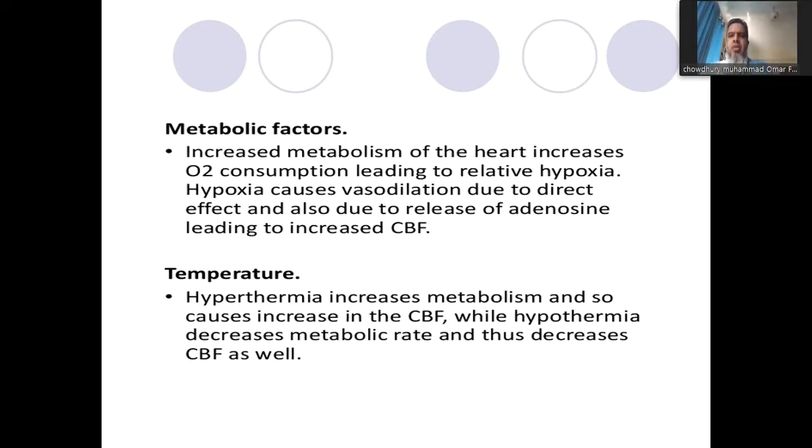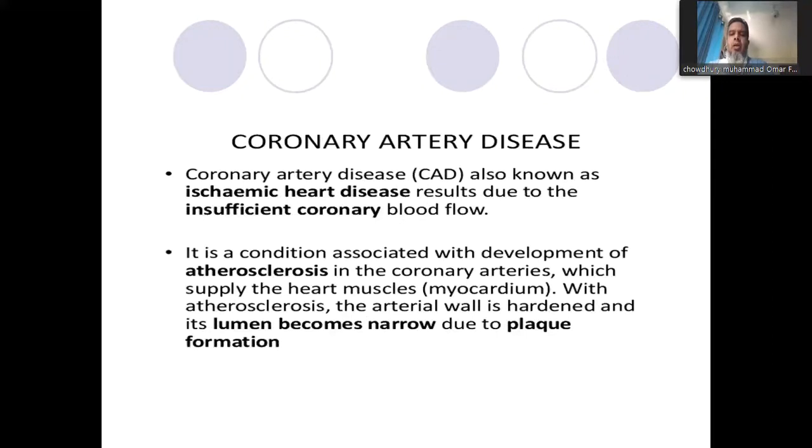Hypoxia causes vasodilatation due to direct effect and also due to release of adenosine, leading to increased coronary blood flow. Hyperthermia increases metabolism and so causes increase in coronary blood flow, and hypothermia decreases metabolic rate and decreases the blood flow.